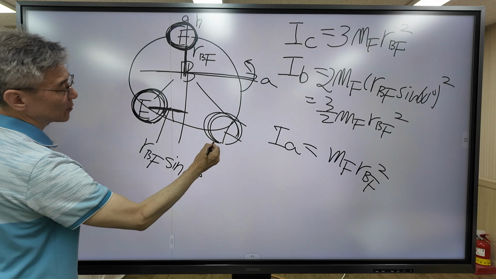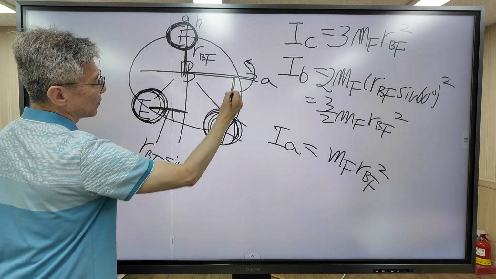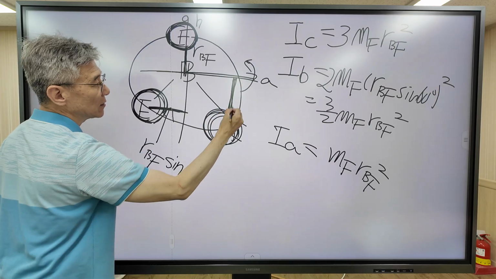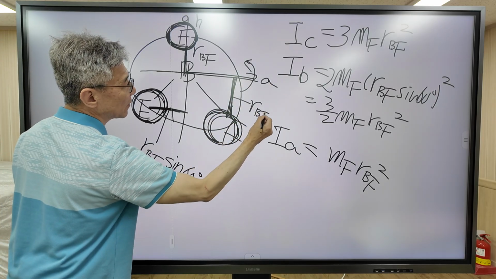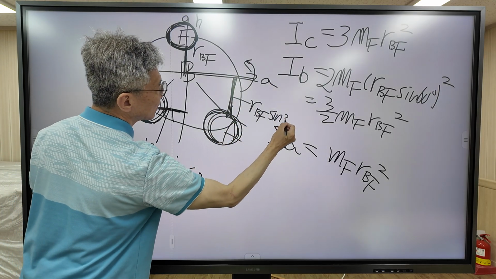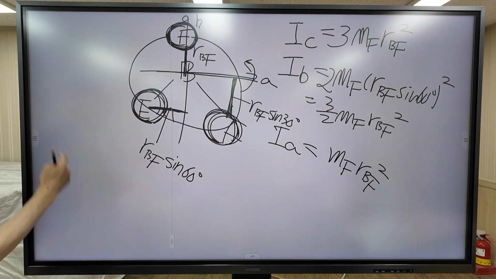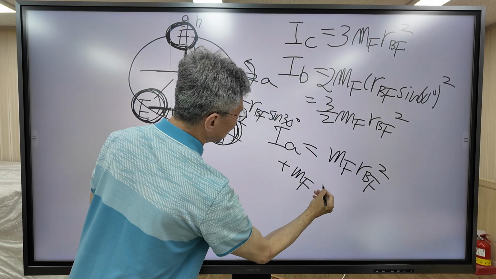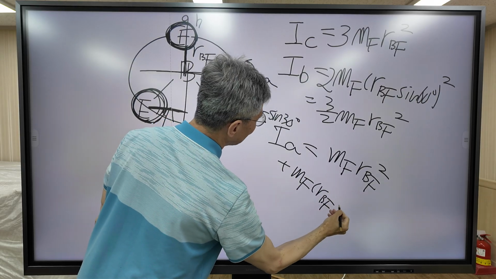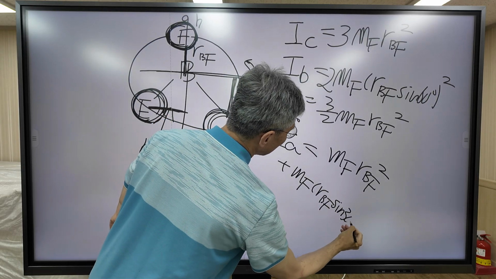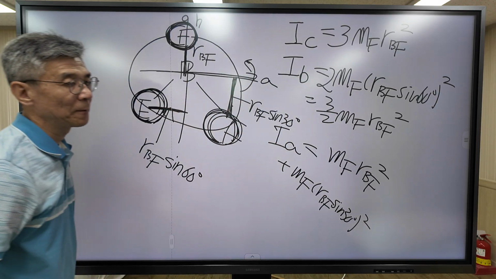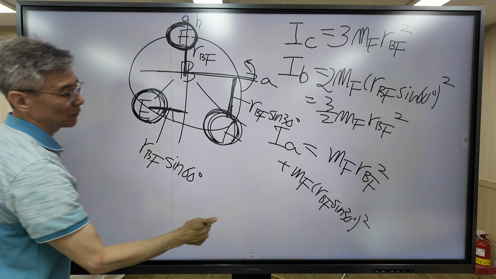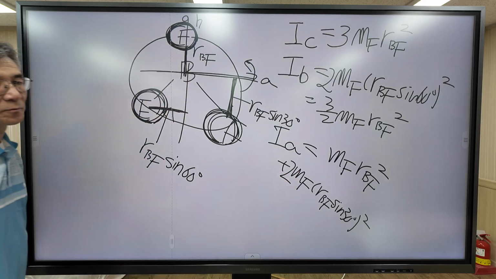And this fluorine atom rotates about the A axis with a perpendicular distance of RBF sine 30 degrees, so its contribution is mF (RBF sine 30 degrees) square. The contribution due to the other fluorine is the same as this one, so we multiply by 2.